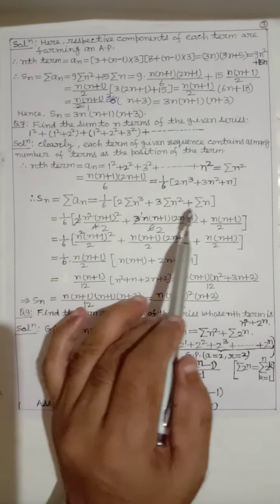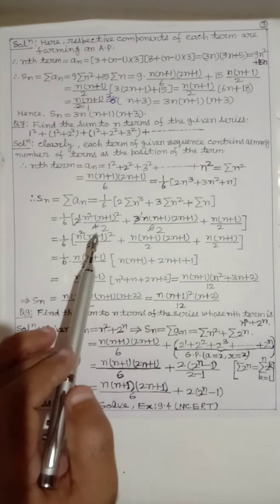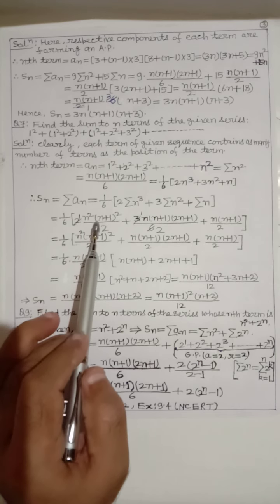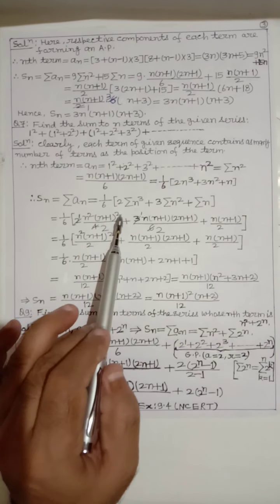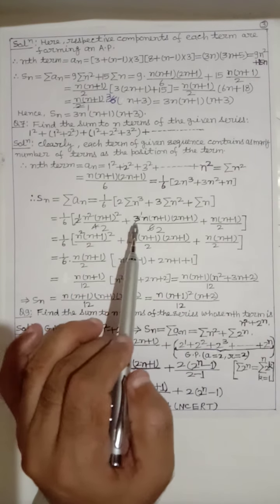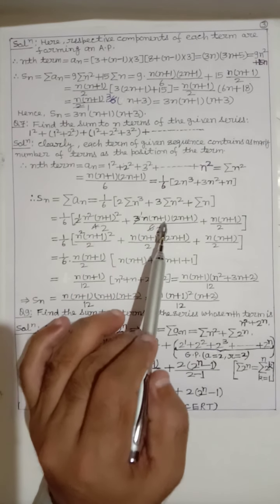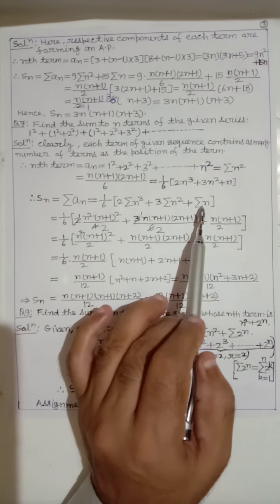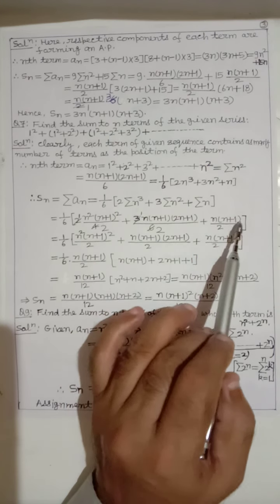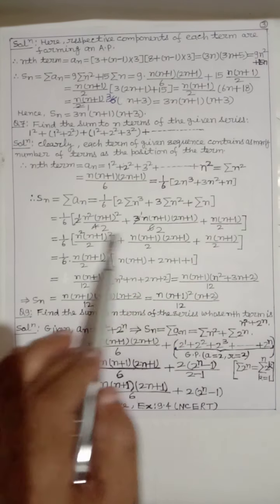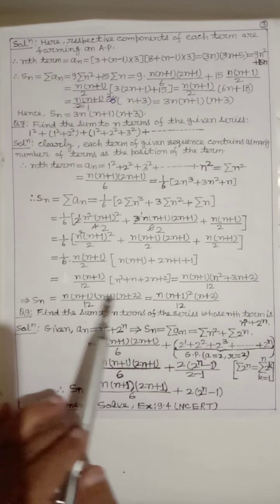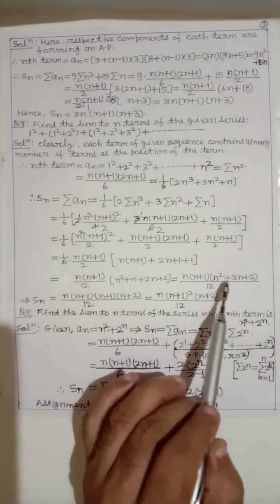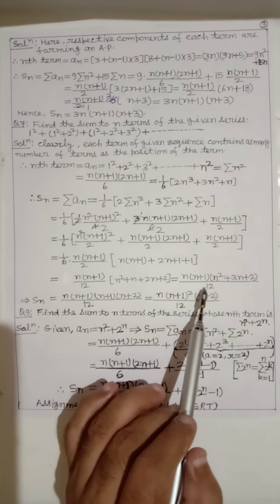Already we have discussed, and the values we will put here. We get 1 by 6 into 2 into n square, n plus 1 whole square by 4, plus 3 into n into n plus 1, 2n plus 1 by 6, and plus sigma n, we write n into n plus 1 by 2, and we solve this. Finally we get here n into n plus 1 into n square plus 3n plus 2 by 12.